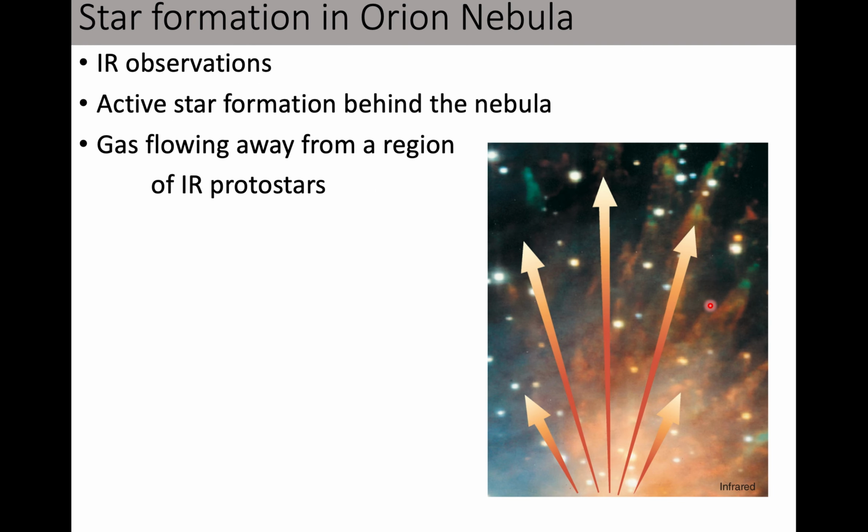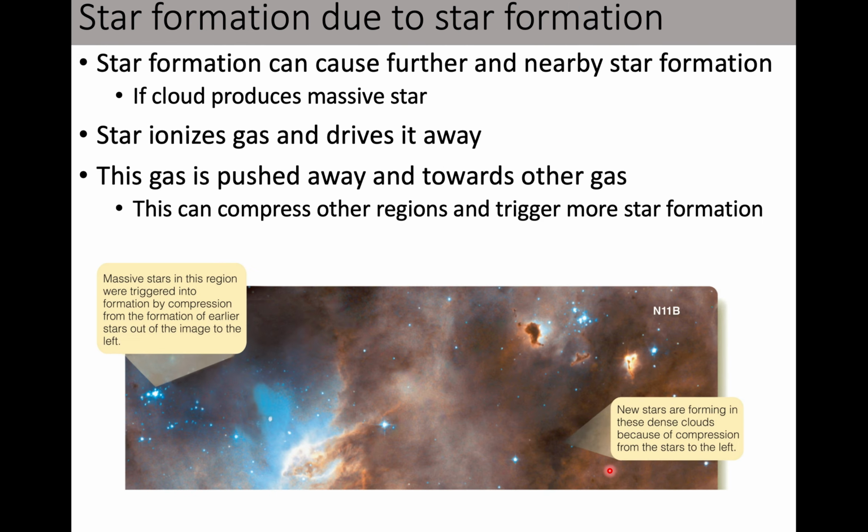If you remember here in the Orion Nebula, we saw that once the protostars started forming, once we have active star formation, the gas within the nebula is going to move away from the new star formation. So once these stars started forming, the rest of the ISM is going to move away from the star formation.